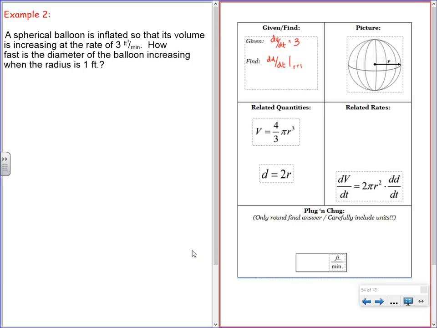Question. How do I take related quantities? How do I take these geometry formulas, and how do I get to rates to hopefully get down to this one? What do you guys do? Take the derivative. Take what derivative? Not d/dt of both sides. Good. When you take d/dt of volume, what do you get? dV/dt.